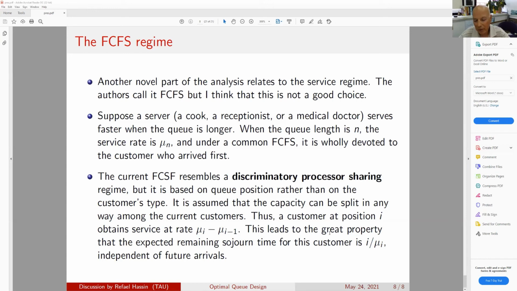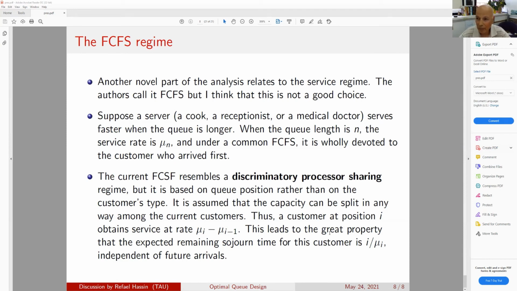In this paper, the priorities are not attached to customer types, but to customer positions. So the customer in position i obtains service at rate μi minus μi−1, which has a great property: the expected time to stay until your service is completed is independent of future arrivals.